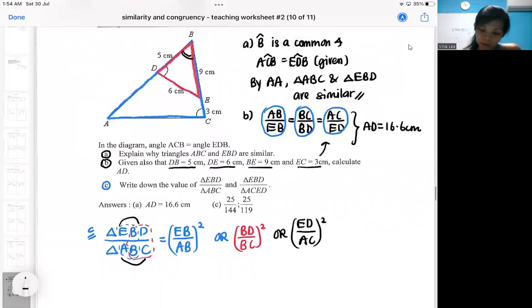Which one am I going to be using? I think I will be using this one because this is a 5, and then BC is a 12.